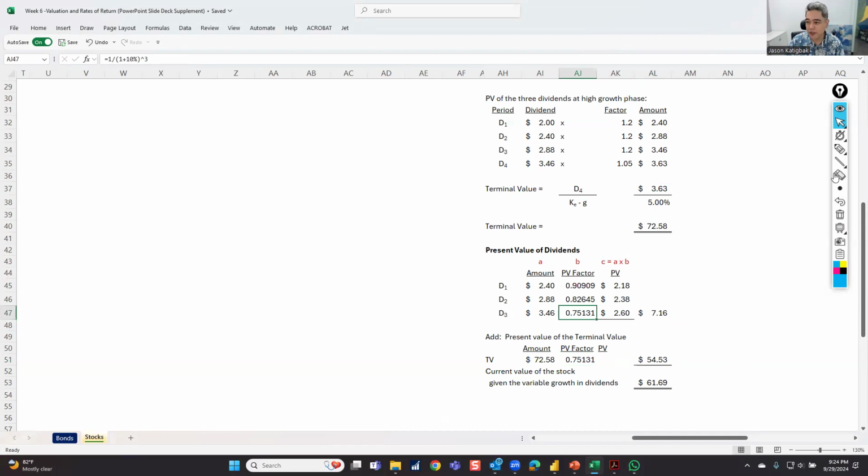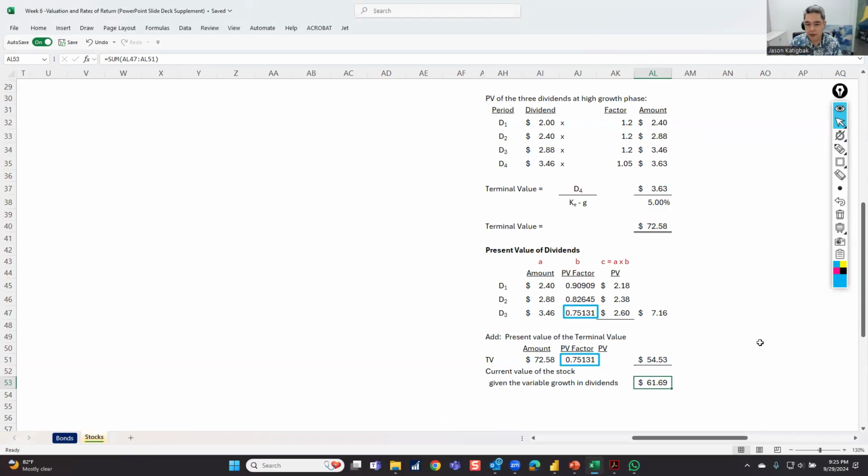When you take a look at it, it's the same. Let me make sure this one is the same as this one. If I multiply both, it will be $54 and 53 cents. Then I add, and that will be the current value of the stock.